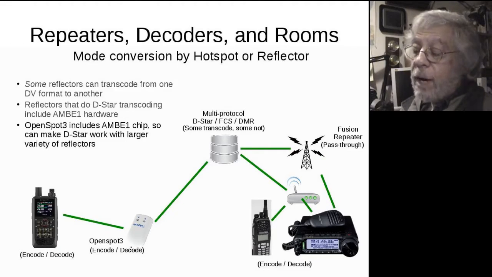I could even have my D-Star get decoded, translated into DMR, and go over and talk to a DMR radio. So there are a lot of different options once you have that chip, which is included in the OpenSpot 3 hotspot. Last I checked, it was on back order, but it is available.